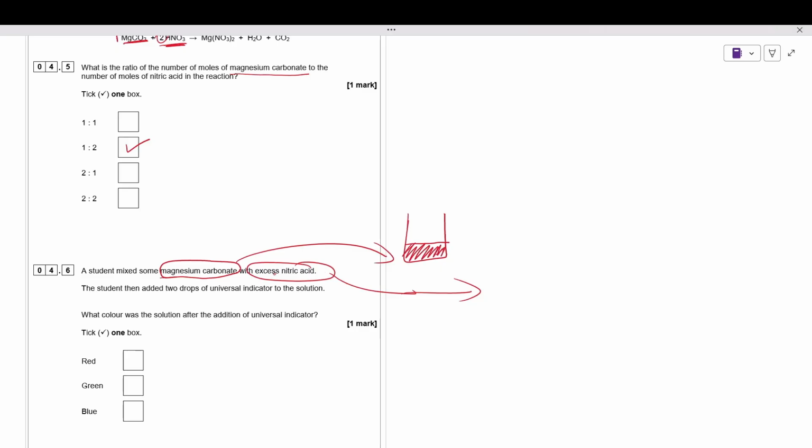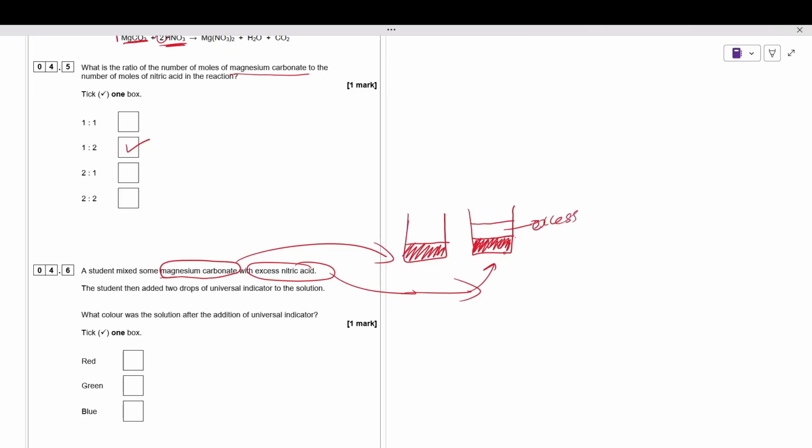And we have nitric acid, which is in excess, and by excess, it means that we have added more than we need. So let's say this is my nitric acid and I'm adding it in excess. So this balances off my magnesium carbonate, and I'm adding a bit more than that. So if this is the amount that I need, whatever is above this line is excess.